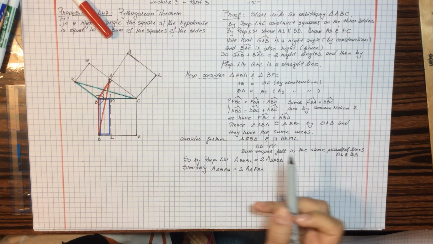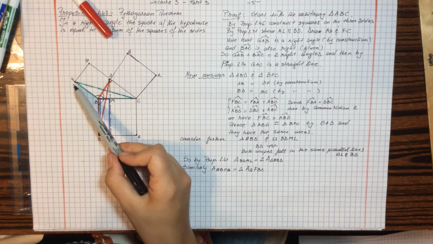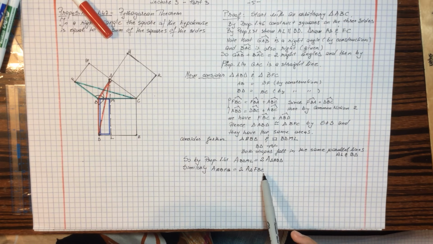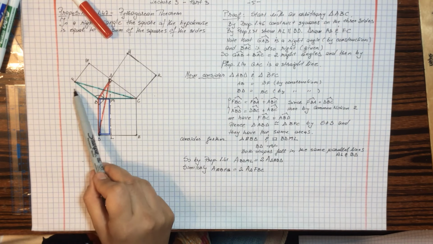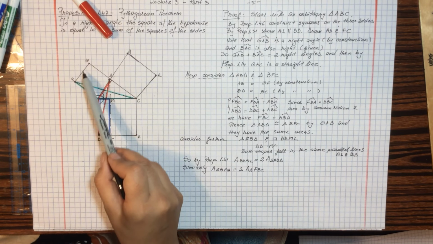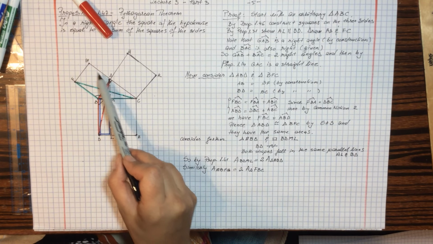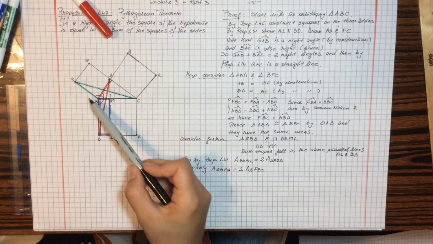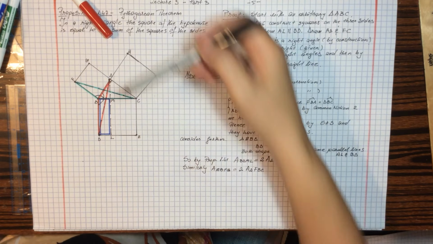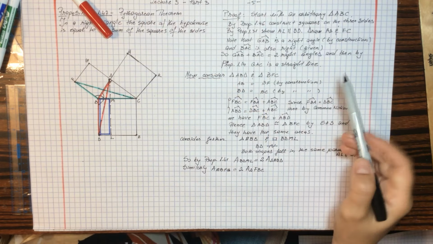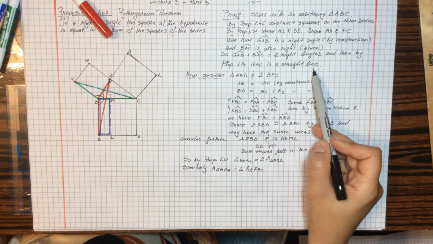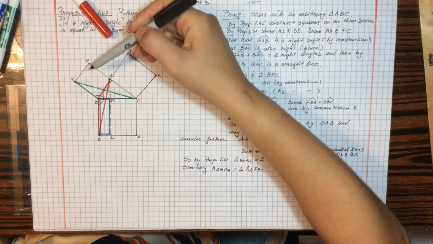FBC. When I say similarly here, I'm talking about the green triangle with this square. They fall on the same parallels. Keep in mind the line GAC is a straight line. I said that in the very beginning by proposition 114.